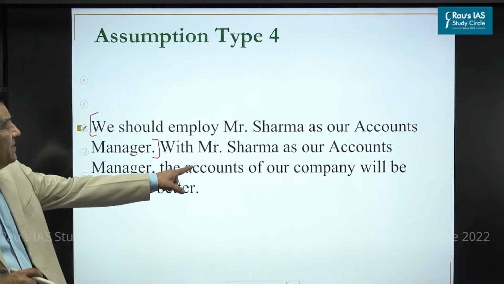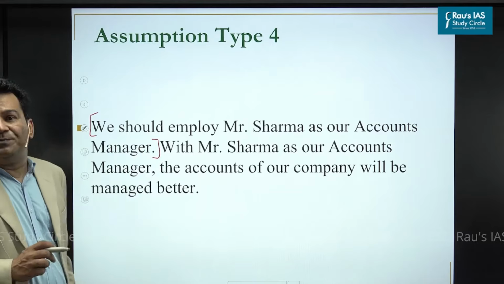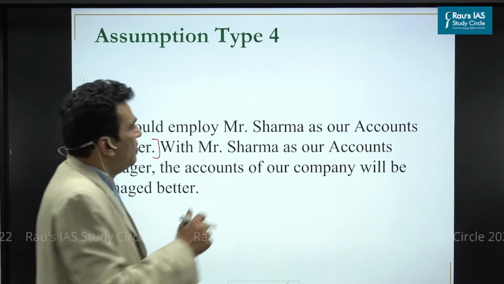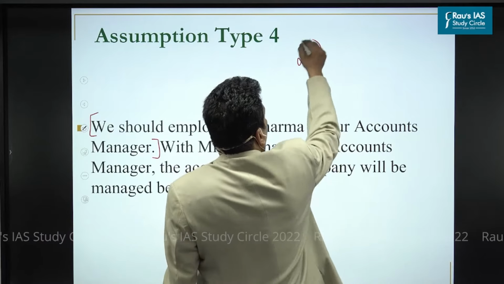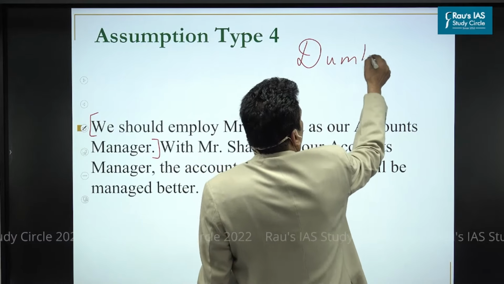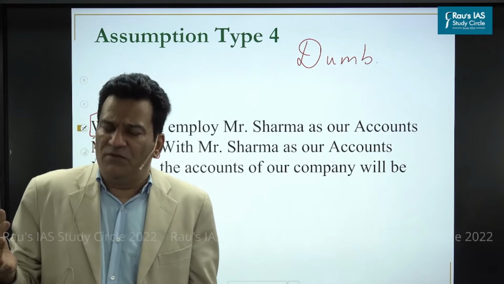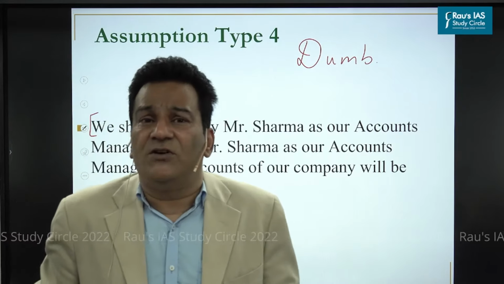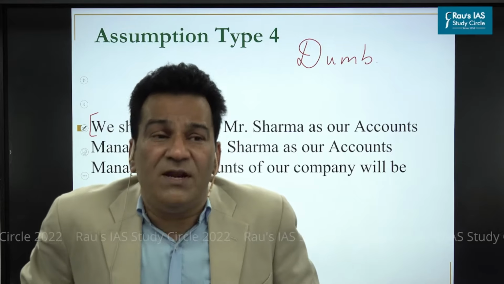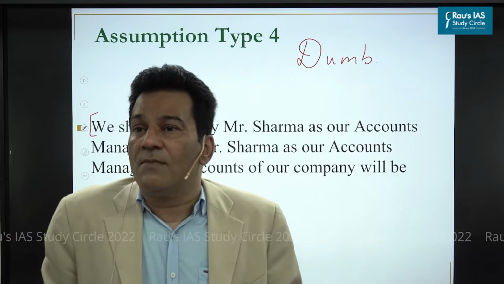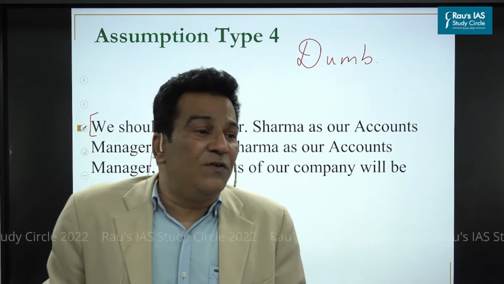The second part is the reason, the first part is the conclusion. This is called a dumb argument. It is so dumb that it has a very dumb assumption which does not even require mathematics, which does not even require a formula. So you tell me what is required for this conclusion to be true. What is the assumption that you found out?